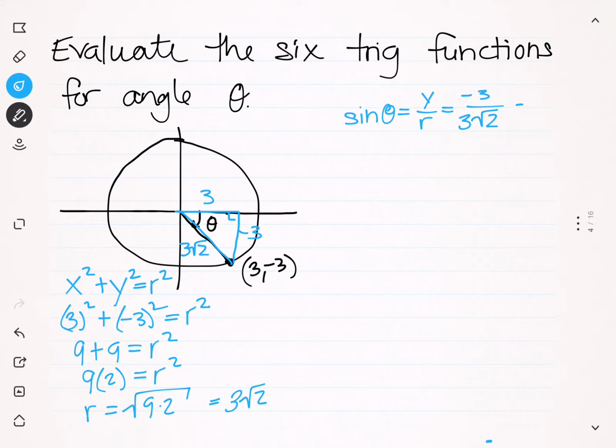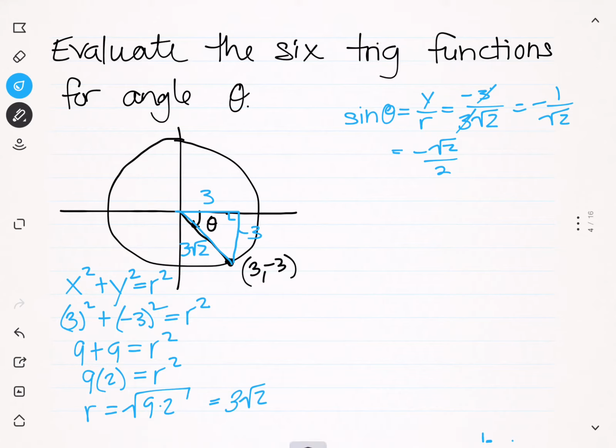Now that's going to simplify. We can cancel these 3's out, and we're going to have negative 1 over root 2, but we have a radical in the denominator. So we want to multiply the top and bottom by root 2 over 2, and that's going to give us negative root 2 over positive 2.